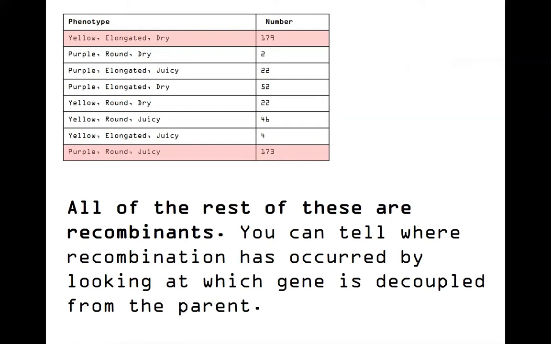So in order to understand how to effectively categorize these offspring into recombinants that are going to be useful to us, we have to consider the way that recombination could have happened in this cross. So what are the possibilities for useful recombination with respect to these 3 traits?